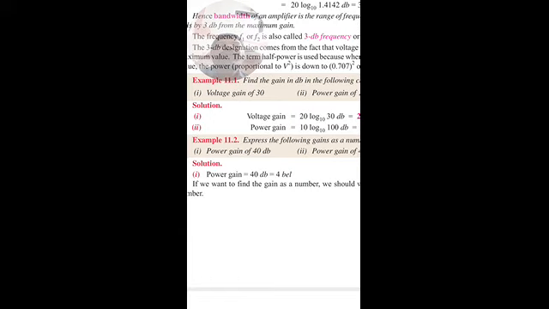Power gain of 40 dB: 40 dB is equal to 10 log of P out by P in. So 40 we can write as 10 into 4, so we can write 10 log of P out by P in, where the ratio P out by P in is 10 power 4.